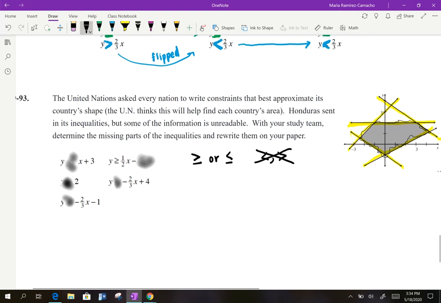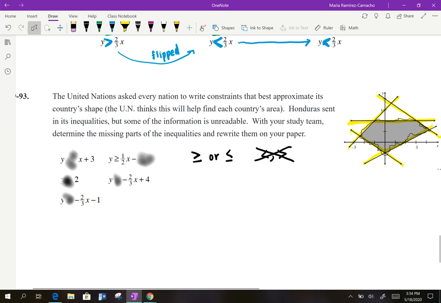A good strategy would be to pick a point in the solution region, plug it into the inequality, and then put in the symbol that works. Okay, so for example, if we start with this guy, actually no, before we do that, let's pick a point that makes all of the inequalities true. Lucky for us, good old 0, 0 is in the solution region.